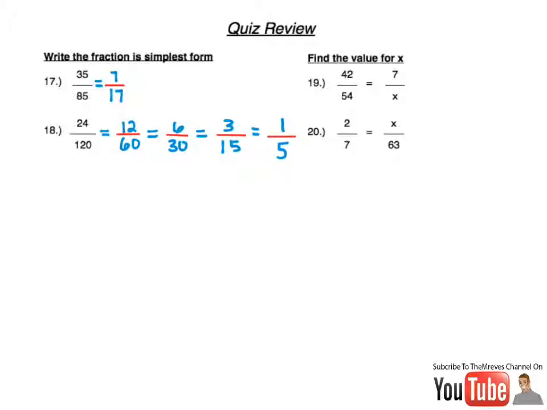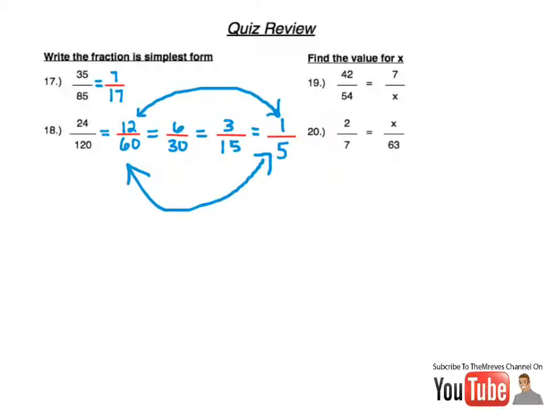Now the one thing I want you to notice here is that we could have just made a quick jump by noticing that 12 goes into 60. 12 goes into 60 5 times, and then 12 goes into itself 1 time.